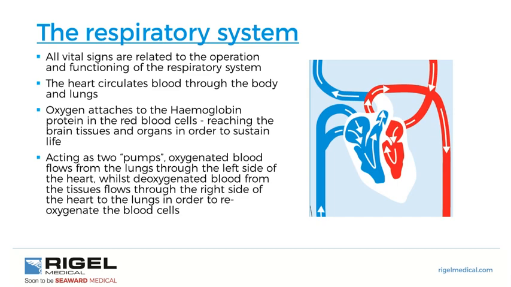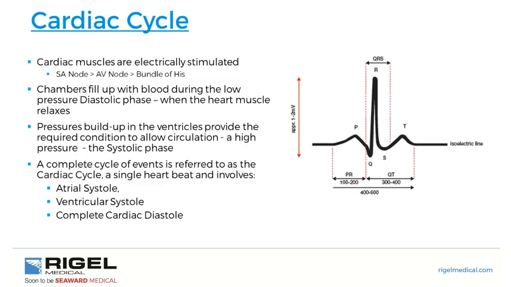It acts as two pumps. Oxygenated blood flows from the lungs through the left side of the heart, whilst deoxygenated blood flows from the tissues through the right side of the heart to the lungs in order to reoxygenate blood cells.